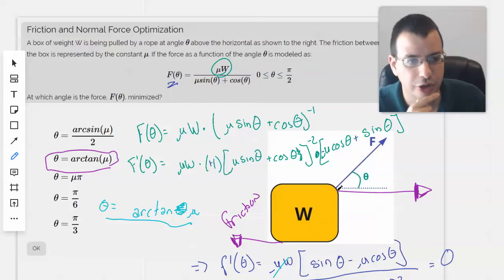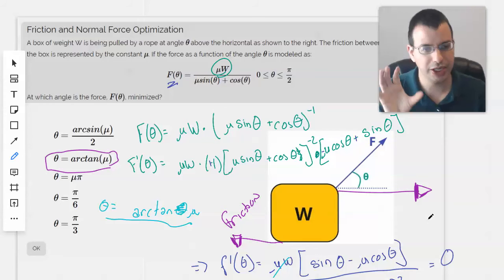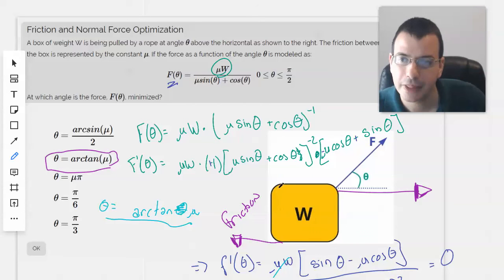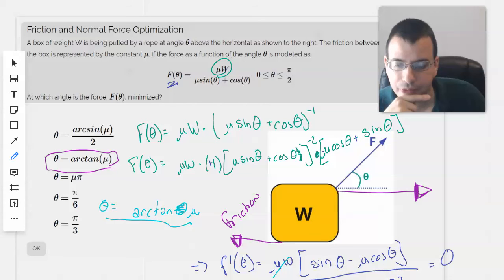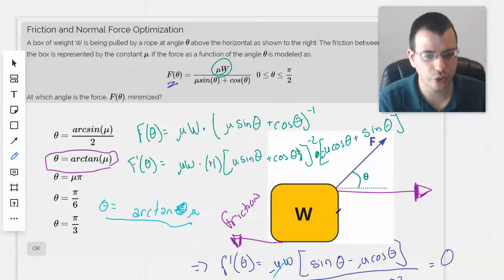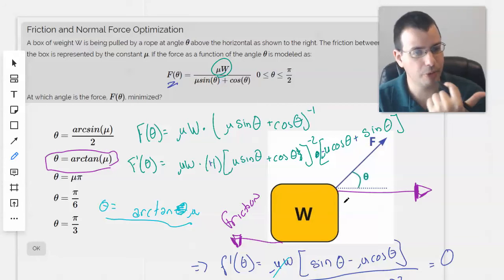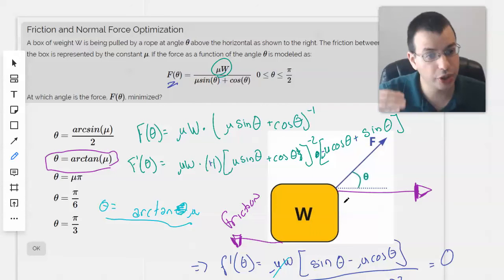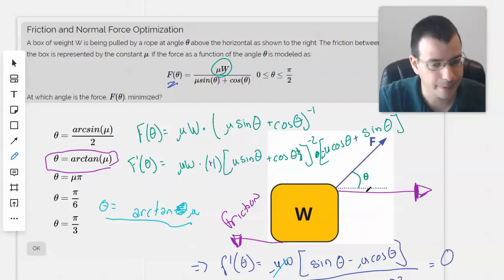And so when we start looking at the extremes, what we're saying is, what's the easiest way to pull this box? So if we look at the extremes of theta equals 0, we're going to maximize the friction by pulling it straight horizontally.